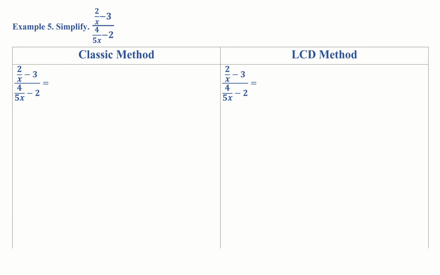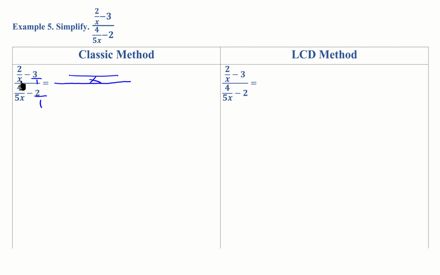All right, so we noticed that in the classic method, we're just going to handle these two fractions on the top, just work them as if it's just one problem by itself. Notice you can throw 1 under that and under that if you like. So you can see the LCD on the top is x.